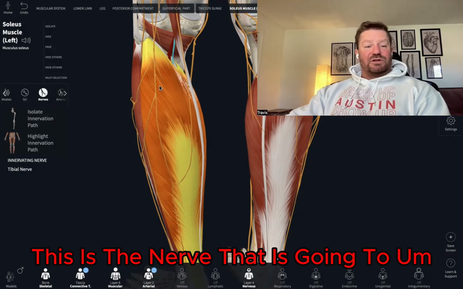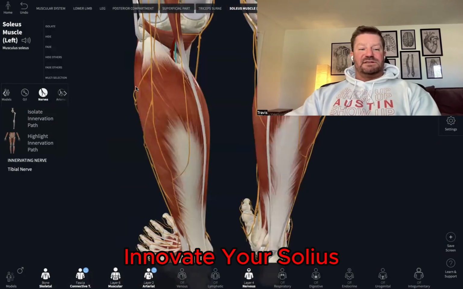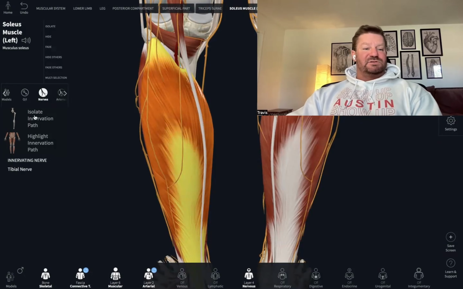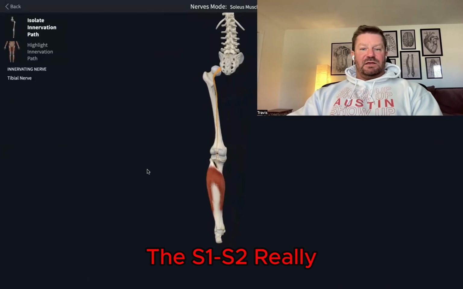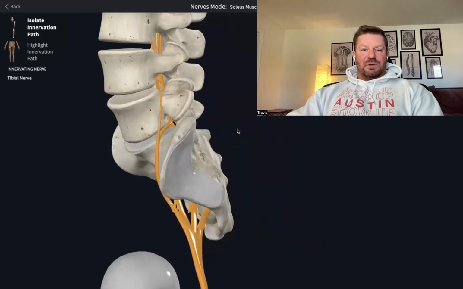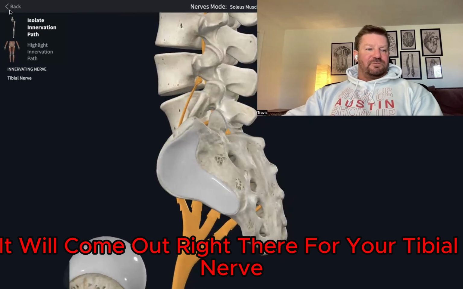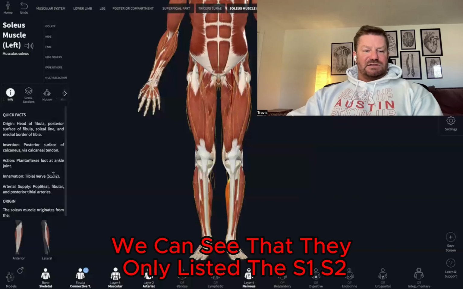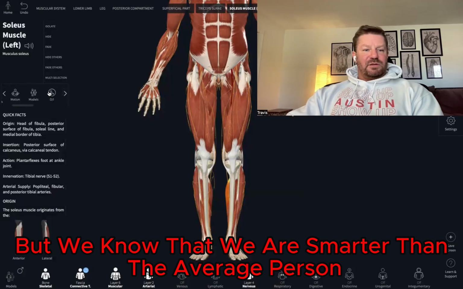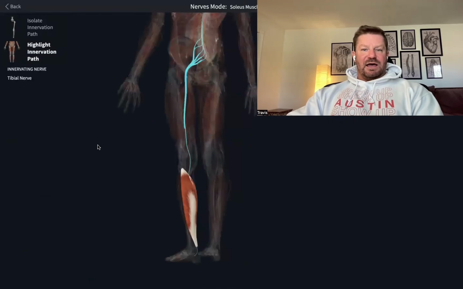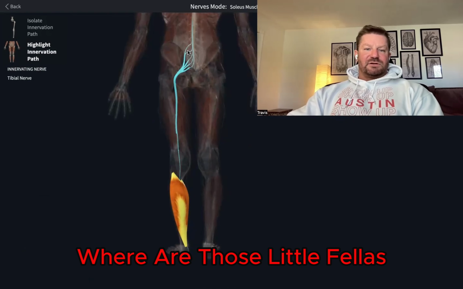This is the nerve that is going to innervate your soleus. It's the tibial nerve. It goes from L4, L5 and S1, S2. This one is only going to show the S1, S2 really, but the L4, L5 also come out right there for your tibial nerve. If we look in the information, we can see that they only listed the S1, S2, but we know that we are smarter than the average person, and we can look at a highlighted path and say, hey, where are those little fellas?